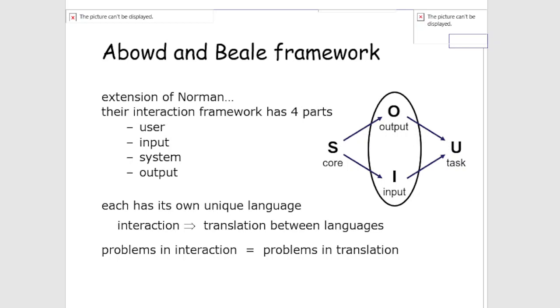So this is the extension of Norman's model, we can say. Their interaction framework has four parts: user, input, system, and output. Each one has its own unique language, yes? And interaction means translation between languages. Problems in interaction are problems in translation.